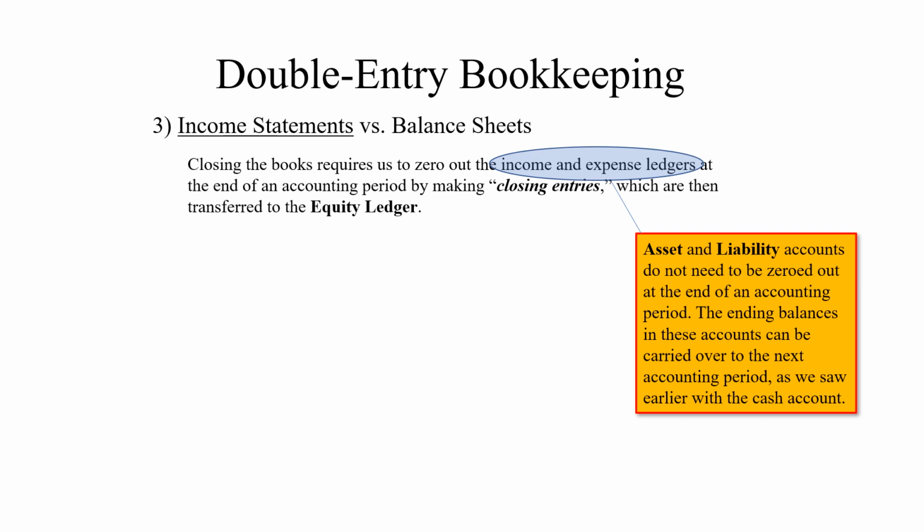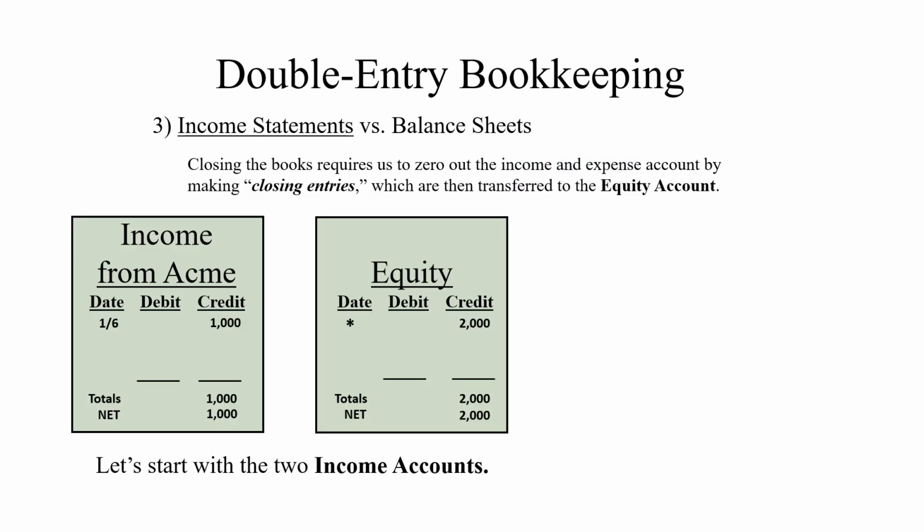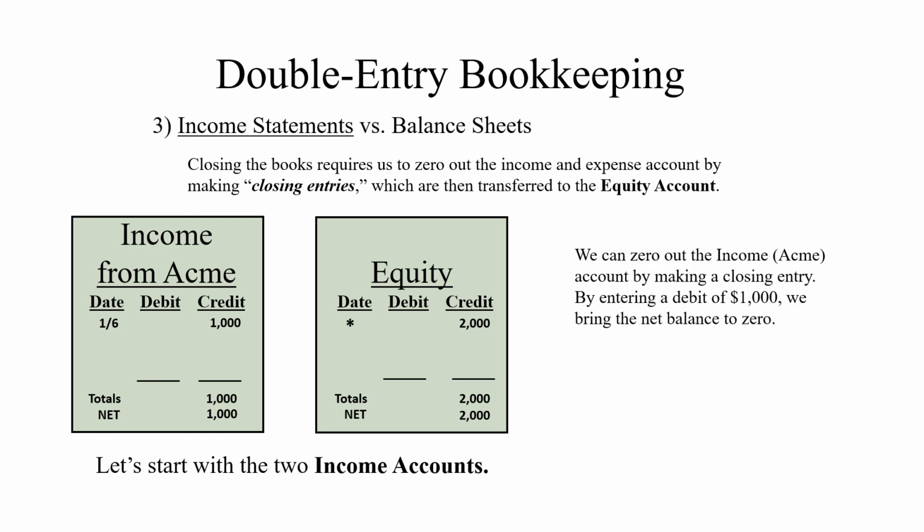Asset and liability accounts do not need to be zeroed out at the end of an accounting period. The ending balances in these accounts can be carried over to the next accounting period, as we saw earlier with the cash account. Let's start with the two income accounts. We can zero out the income from Acme account by making a closing entry.